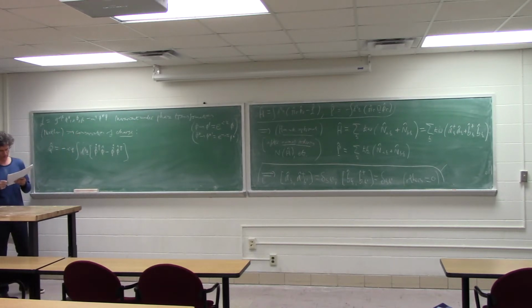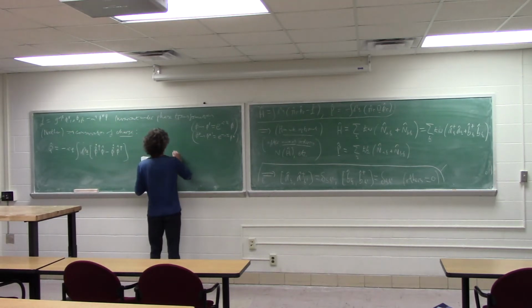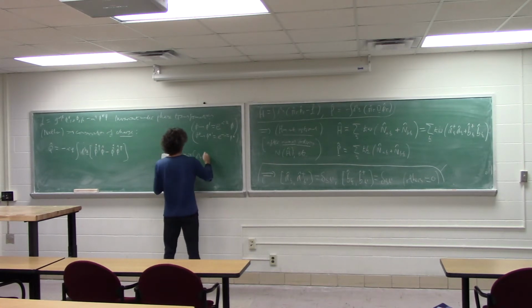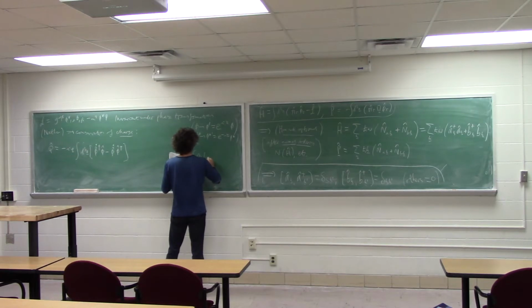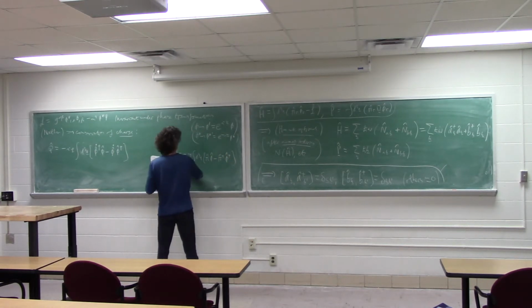If you recall the general expression that we had way back from Noether's theorem, it looked like this: pi hat phi hat minus pi hat dagger phi hat dagger.